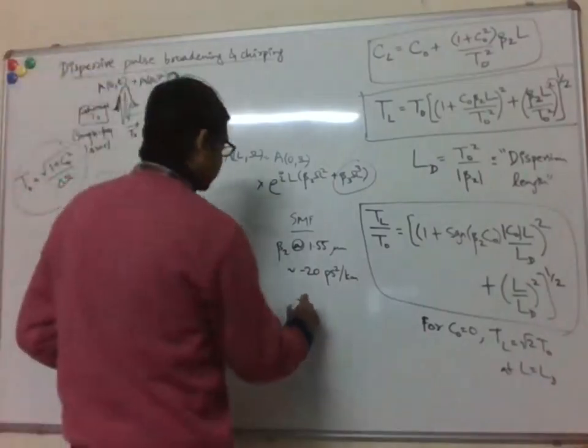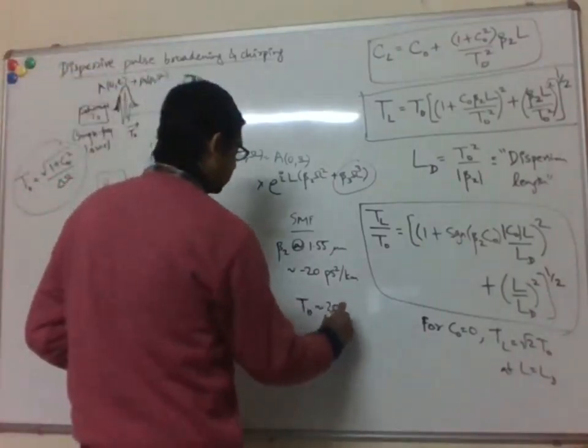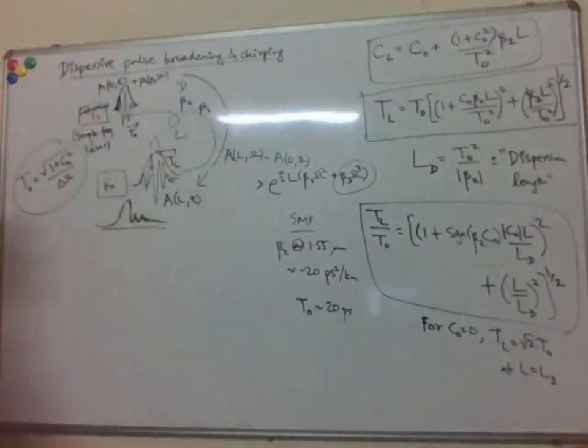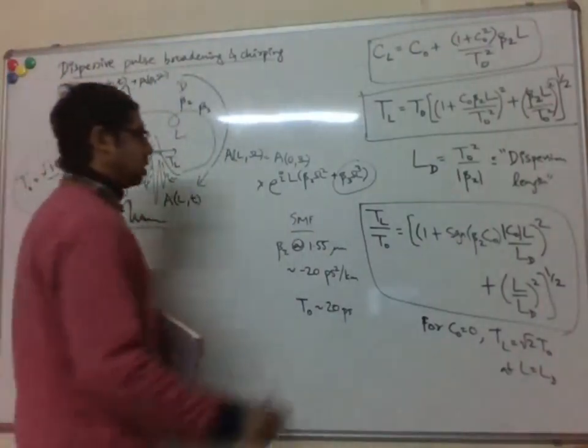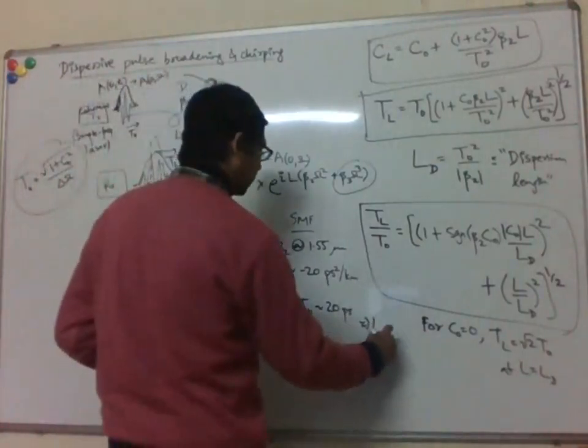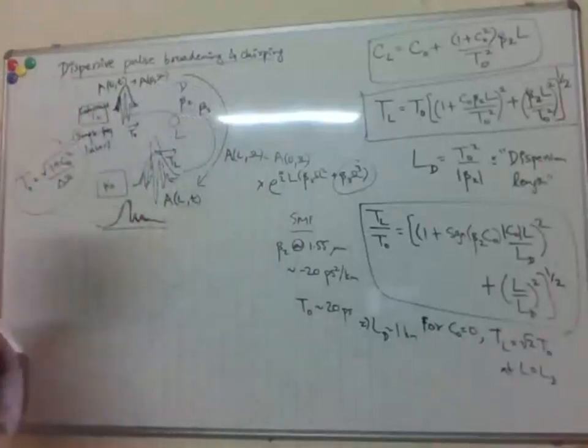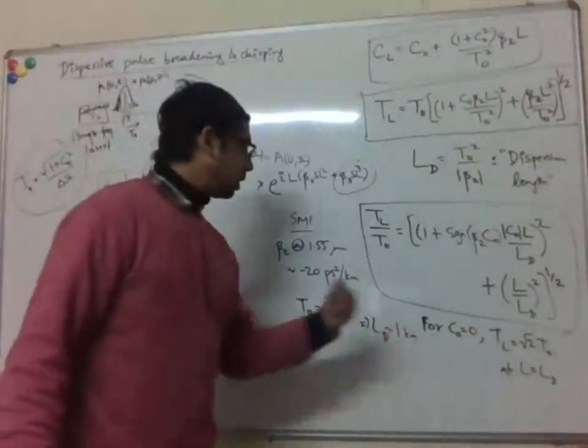If I send 20 picosecond pulses, you can see that the dispersion length will be a kilometer. That's the scale over which the pulse is broadening.